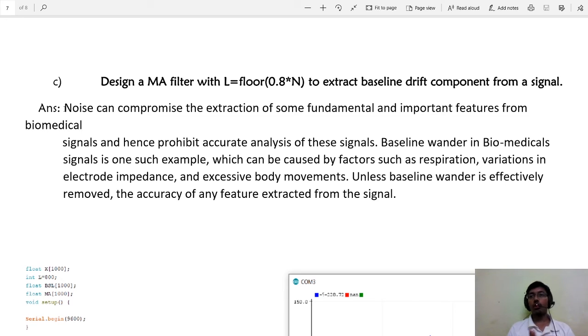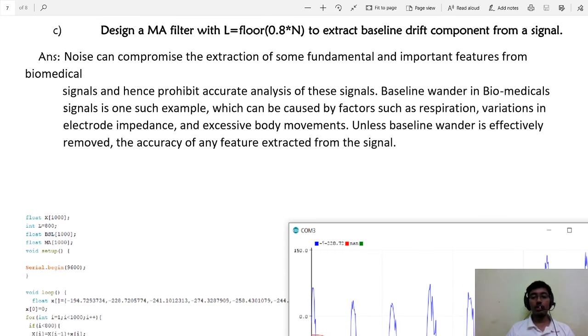Now you know what the high frequency noise and the PPG signal are. The baseline drift component generally occurs due to the movement of the electrodes, regular body movements, or regular heartbeat irregularities, and some of these things may damage the signal which we are taking.